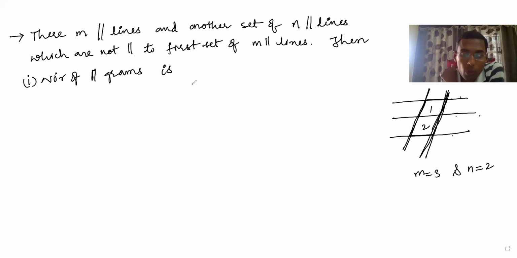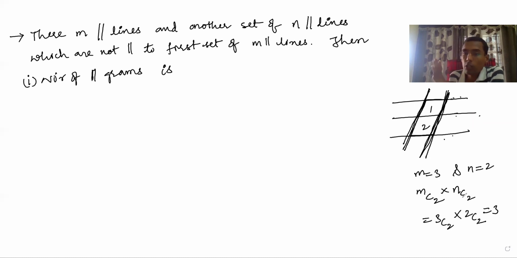So what you can say is, from the first set of m parallel lines, you have to select two parallel lines, because you need a parallelogram. So two lines you select, you will get a parallelogram. And from the other set of n parallel lines you select again 2, nC2. So from mC2 and nC2, you are going to get 3. What are the 3? This is first 1, 2, and 1 plus 2.